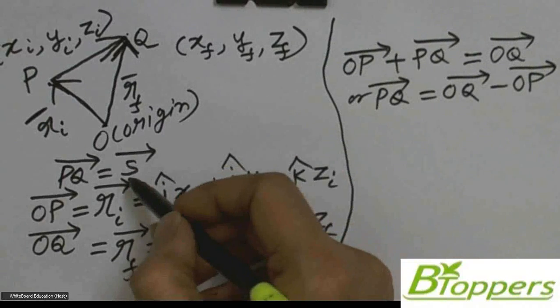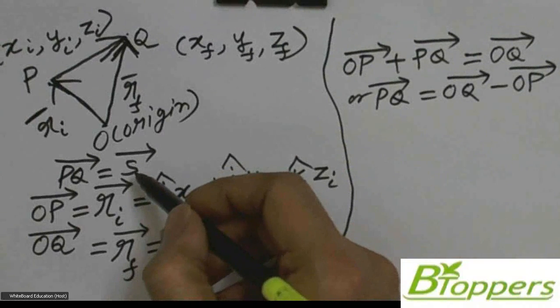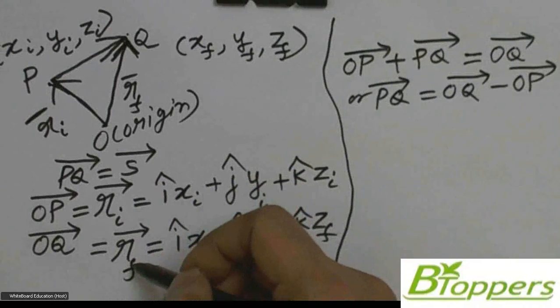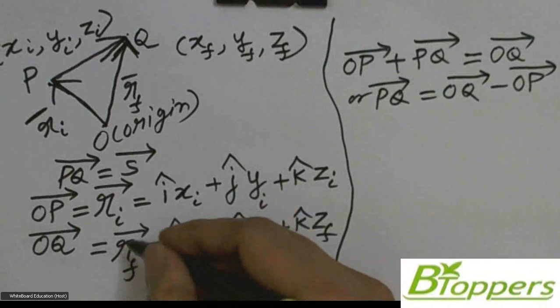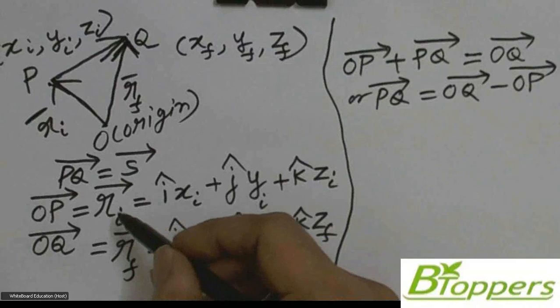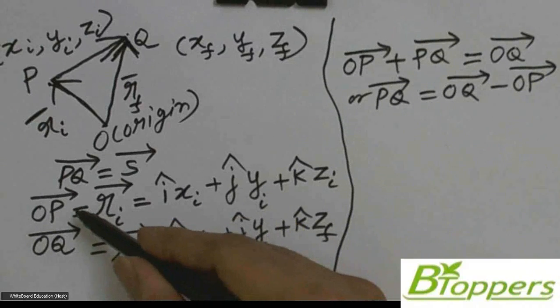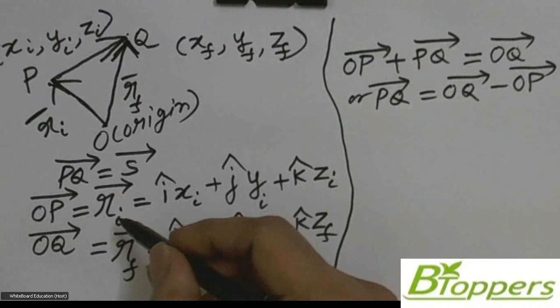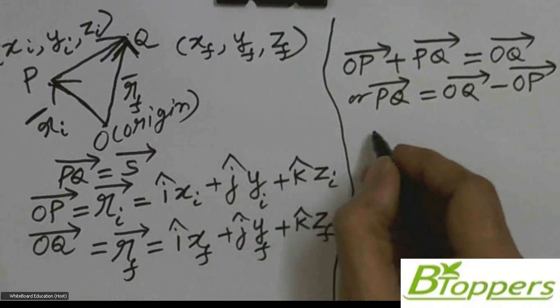Now the directed line segment PQ bar represents the displacement of the particle in vector form. The directed line segment OQ bar represents the position vector of the final position of the particle, denoted by RF bar. The directed line segment OP bar represents the position vector of the initial position of the particle, denoted by RI bar.